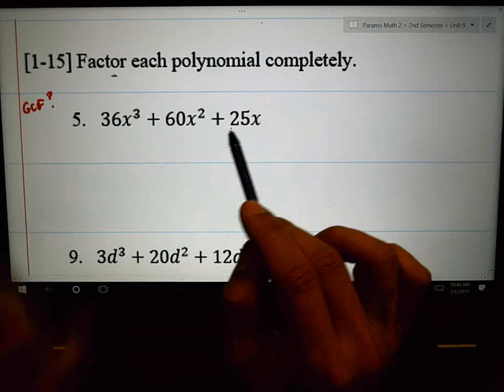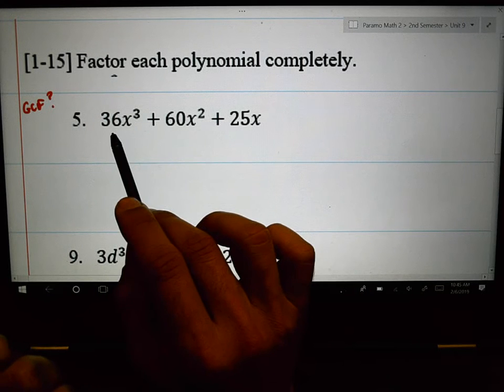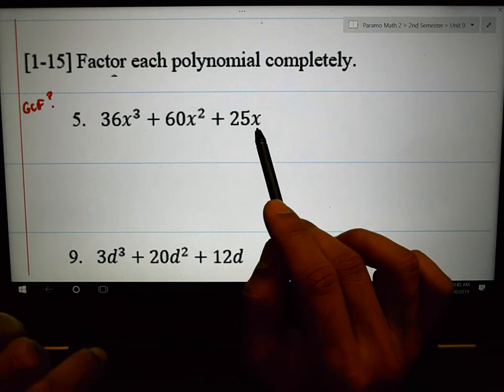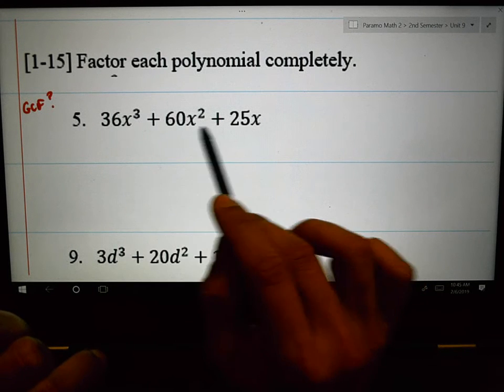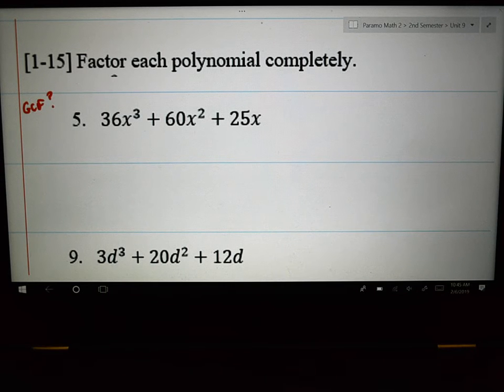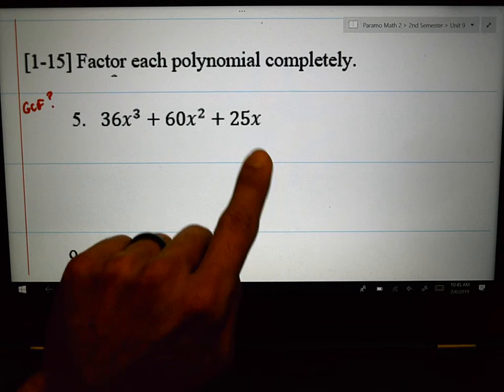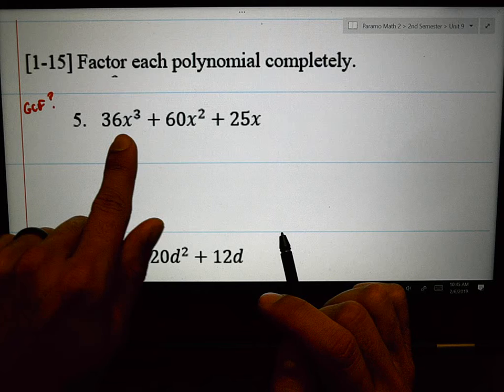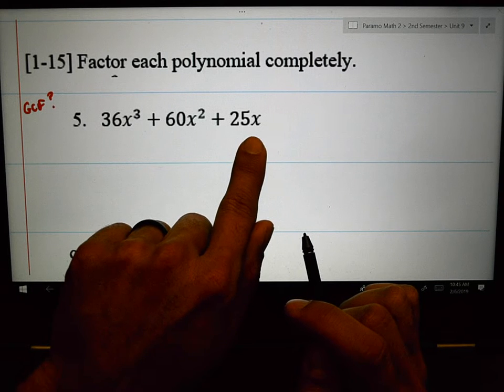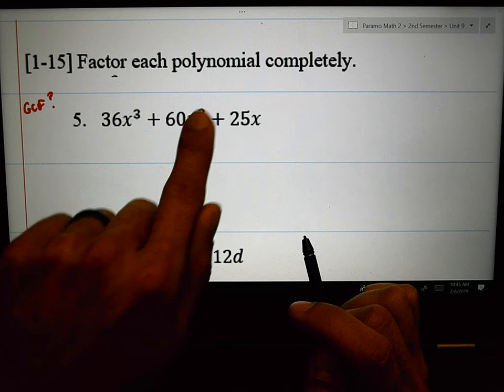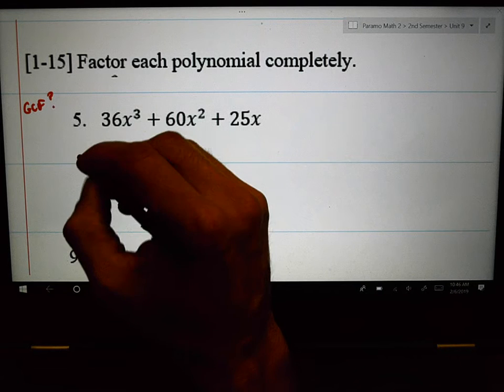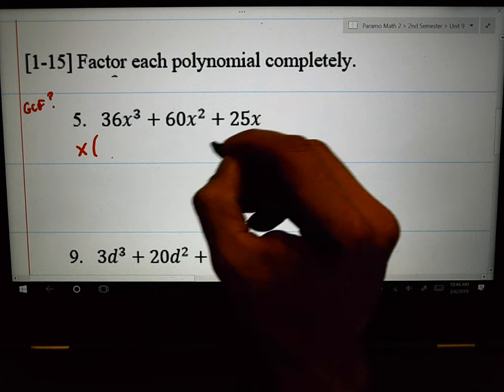No. 5 goes into that. 5 goes into that. 5 does not go into 36. 3 goes into here. 3 goes into here, but 3 does not go into there. So there's no number that goes into all 3. But I see that this has x to the third, x squared, and has an x. Because they all have the same variable, I can factor out a GCF of an x.